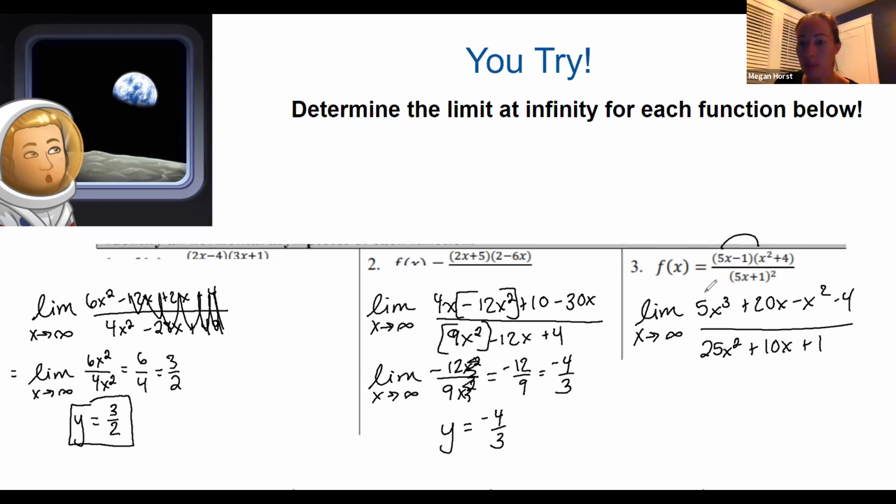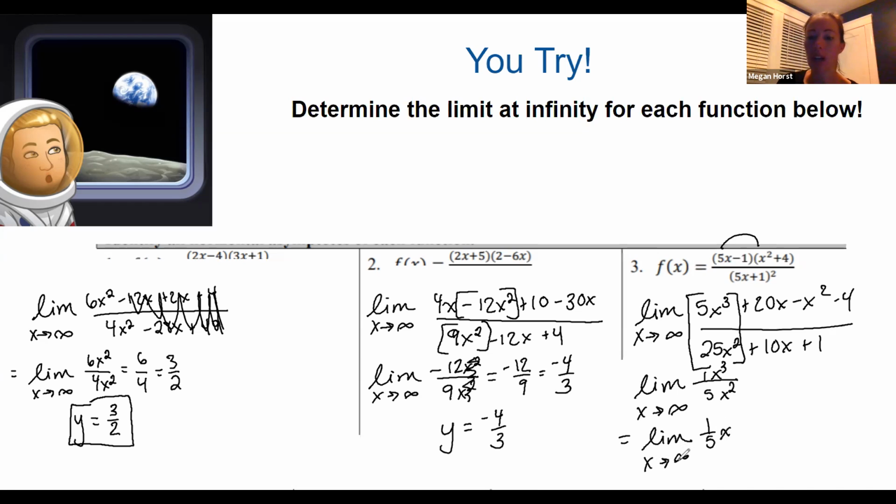My leading coefficients here are this 5x cubed and this 25x squared. So I have the limit as x goes to infinity, and I'm going to simplify this down: 1x cubed over 5x squared, and now I can simplify even further to simply 1/5 x. Well, when x goes to positive infinity, this is going to equal positive infinity.